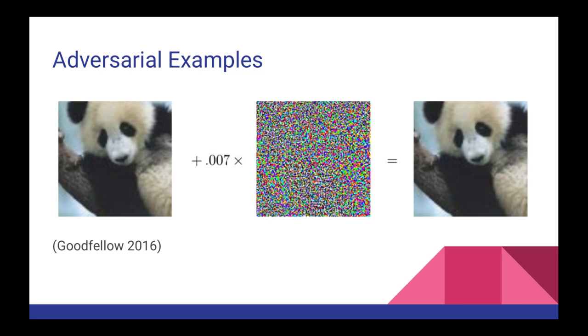So in this example here, we have an image of a panda which is classified correctly by a CNN classifier, but when we add something that looks like noise but is actually strategically, intentionally created, the image still looks like a panda to us as human beings, but a regular CNN classifier is fooled into classifying it as some sort of bird or some other object in the training set.